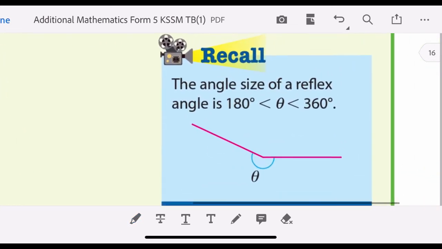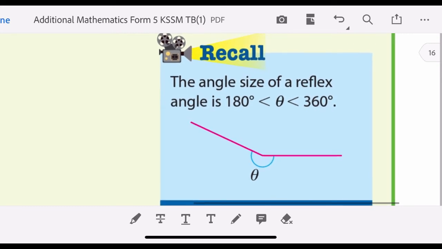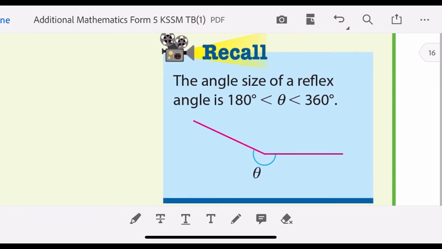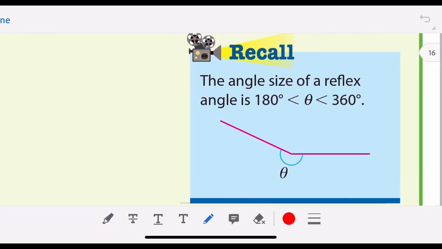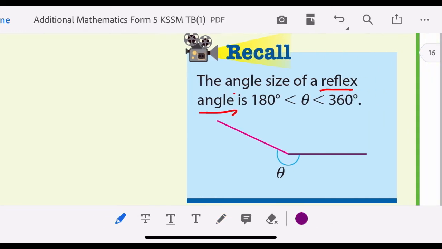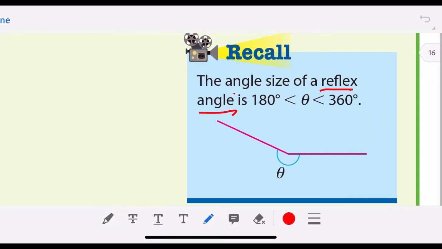Let's recall the angle size of a reflex angle is greater than 180 degrees and less than 360 degrees. That is the so-called reflex angle. So this angle is a reflex angle.